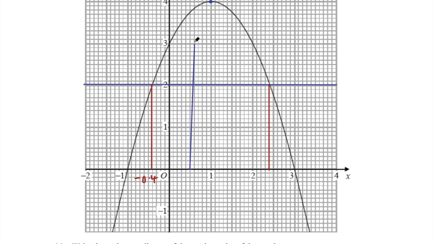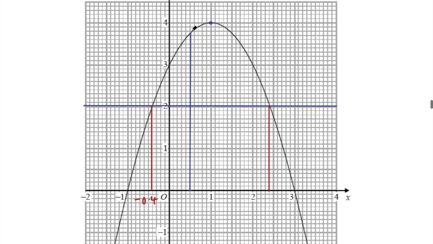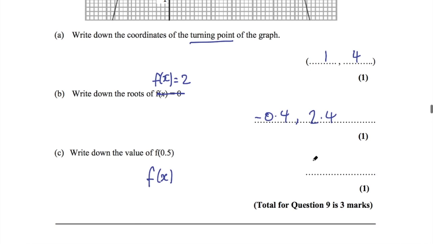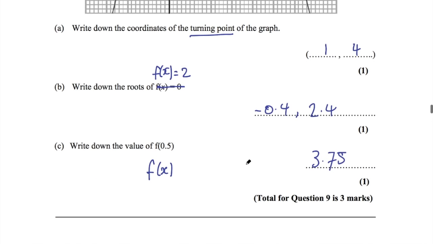We need to go straight up to the graph and find the value of y when x equals 0.5. We don't really get an exact value. I'd say it's somewhere between 3.7 and 3.8. And you could put 3.7 or 3.8 or 3.75. Anywhere in between there is fine.